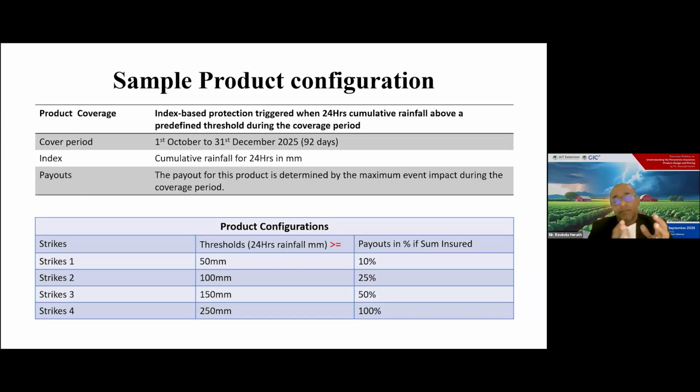In the payout definition, we have to define exactly whether you are going to pay the maximum event or the aggregated event. Aggregated means that we aggregate all the event payouts and pay as an aggregated payout. Maximum event means paying only the maximum event. This has to be defined very well in the product configurations, right?